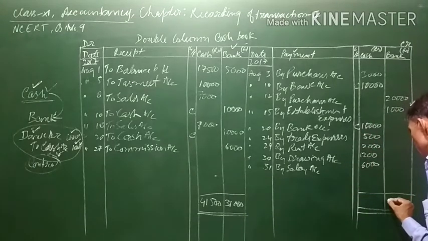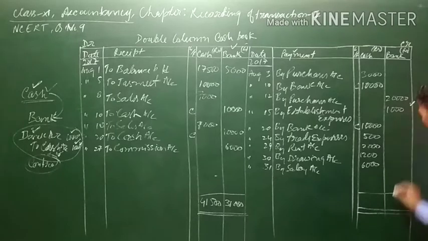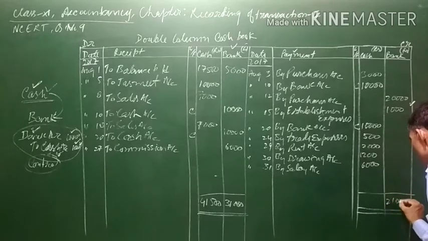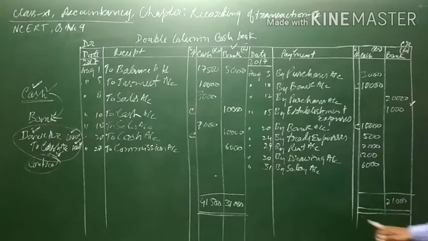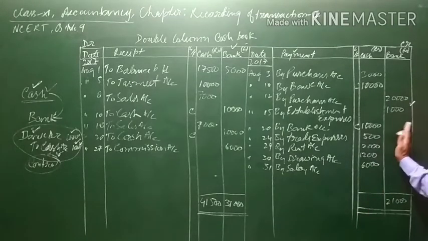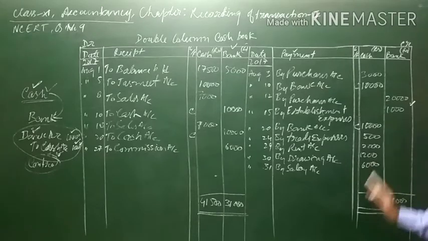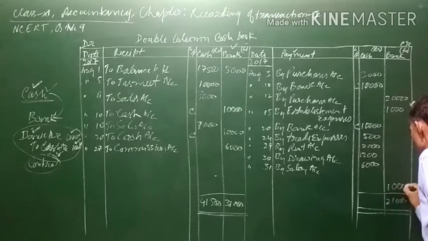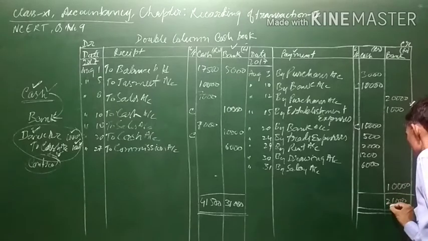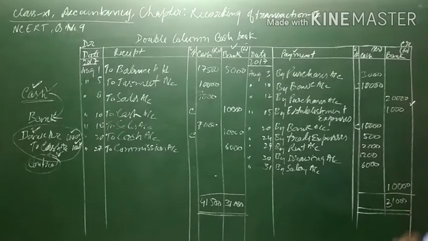If you do the total here, first here it is 31, here it is 21. But both should be equal. Both the balances of the bank as well as the cash should be equal. In order to make the balance equal, 10,000 will be written here, so that it also becomes 31,000.